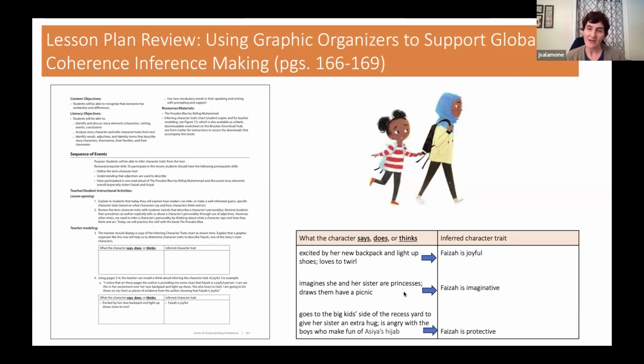And there's a really great scene in the book at the recess yard, and she goes over to the big kids' side to give her sister a hug. Well, what can we infer about her? She's protective. She loves her big sister. So again, using supports like that, starting with our younger learners to be able to then make inferences.